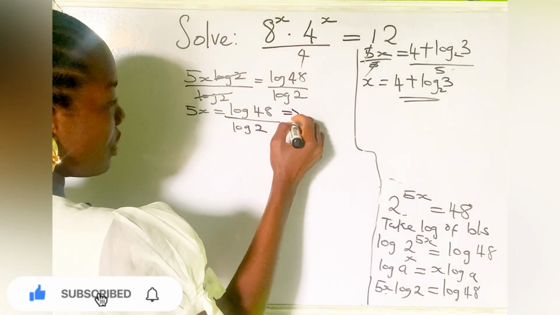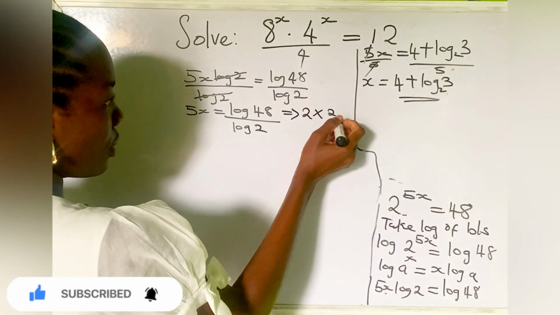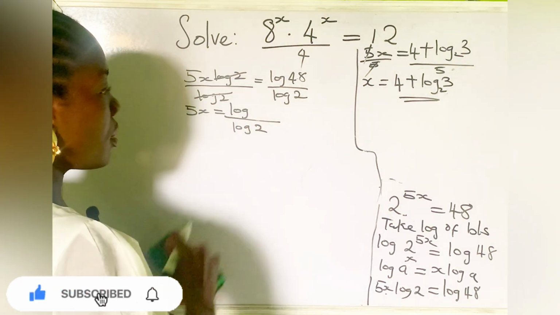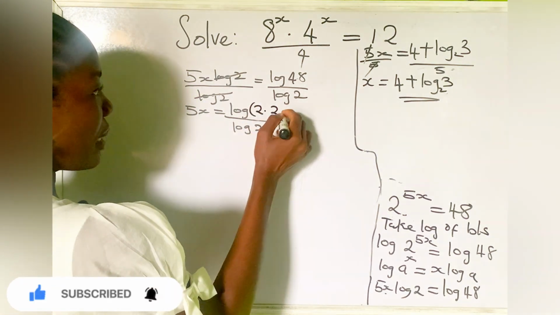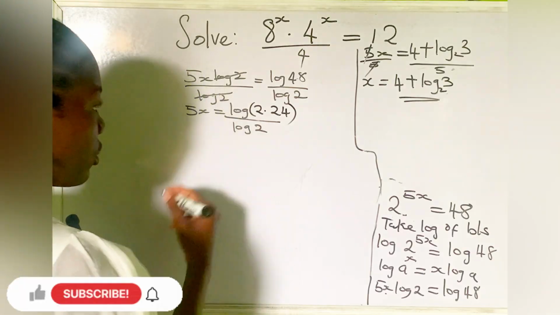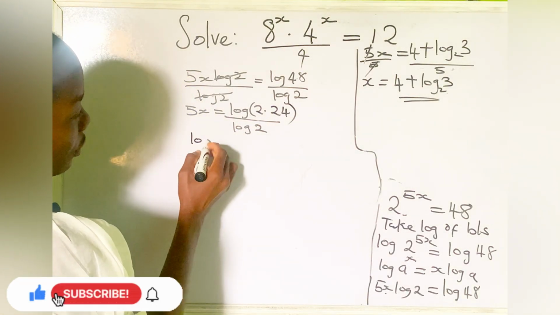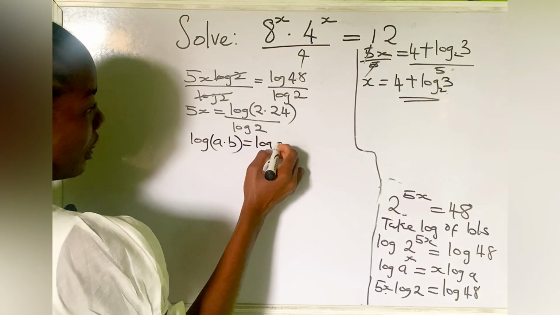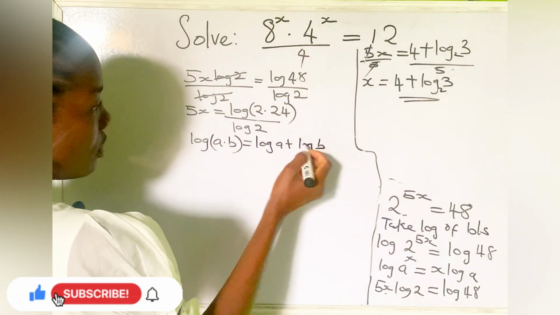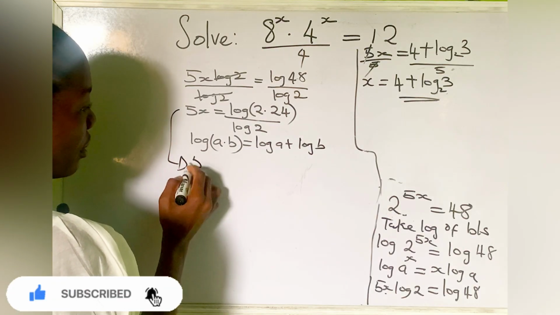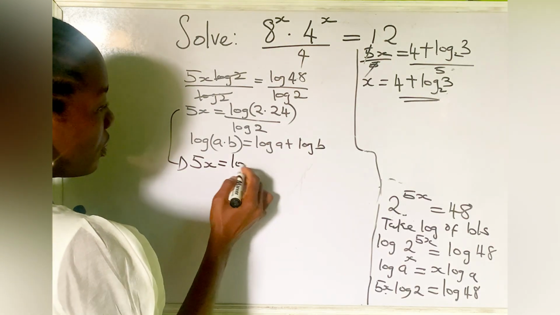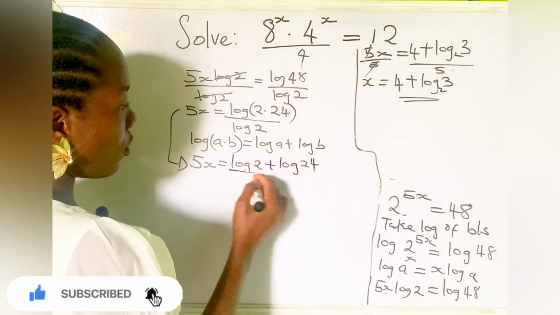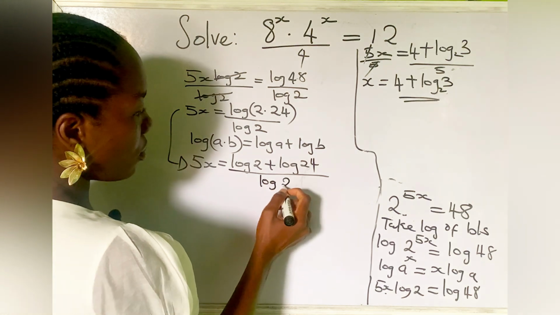And 48 can be written as 2 multiplied by 24, so let's just replace this with 2 multiplied by 24, which will still give us our 48. Now, when you have a logarithm such as log a multiplied by b, it's the same thing as saying log a plus log b. So this now comes down to 5x is equal to log 2 plus log 24 over log 2.